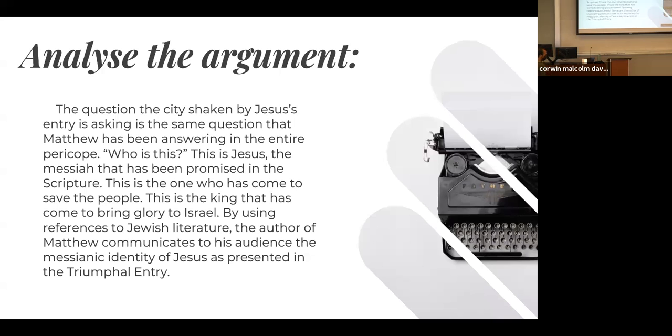Where is there any evidence here? Right, but he didn't give any. Right. By using references to Jewish literature, right?